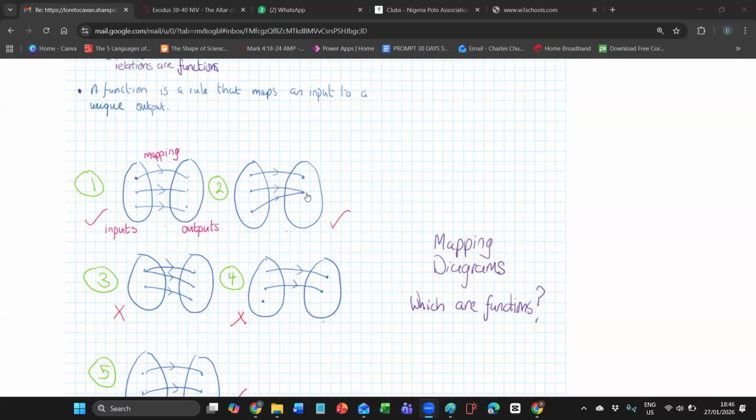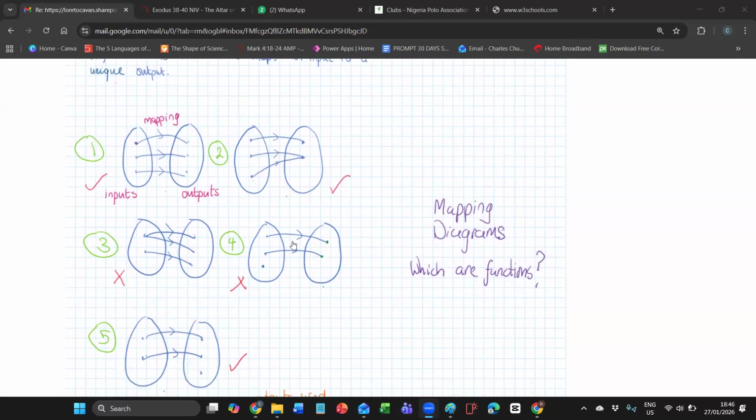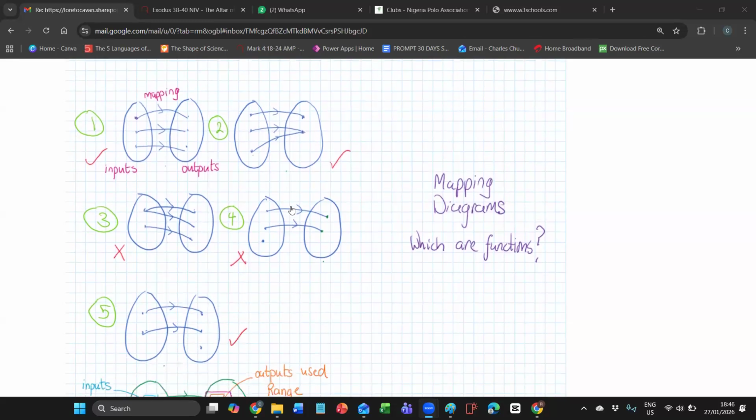For instance, minus 2 squared and 2 squared are the same. So minus 2 and plus 2 are the inputs, and the 4 that both map to is the output. The function y equals x squared shows the relationship between x and y, so that's why it's called a relation.